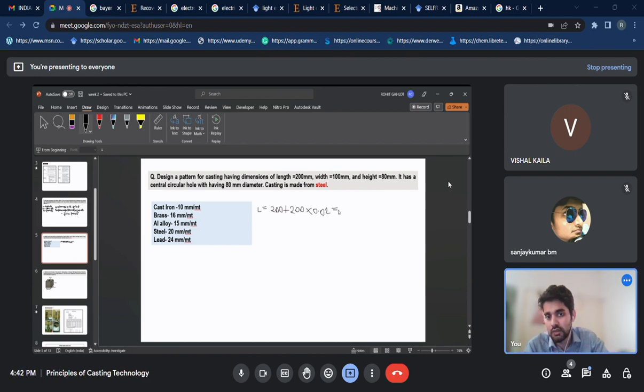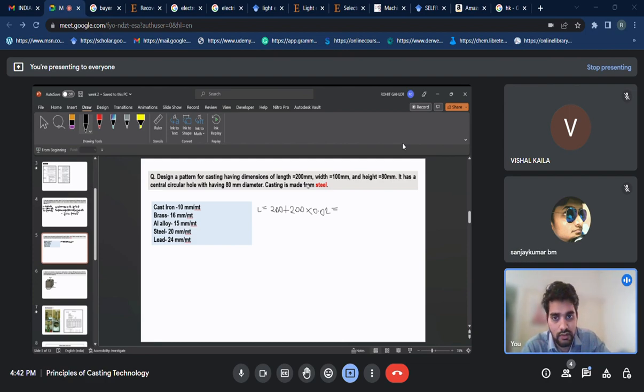So the length will be 200 plus 200 multiplied by 0.02. The catch is just to show how different materials behave.